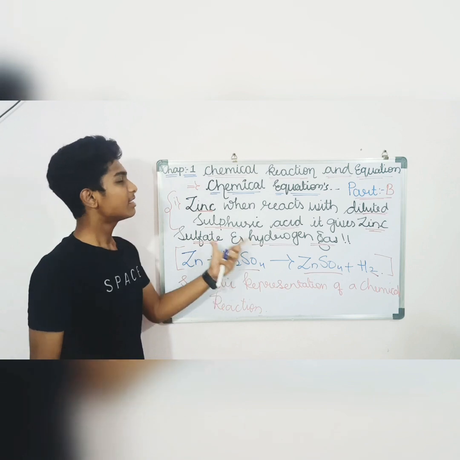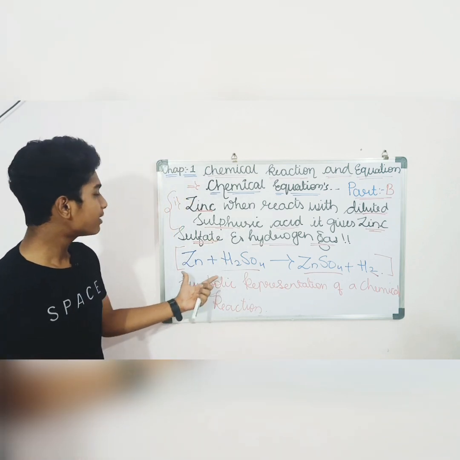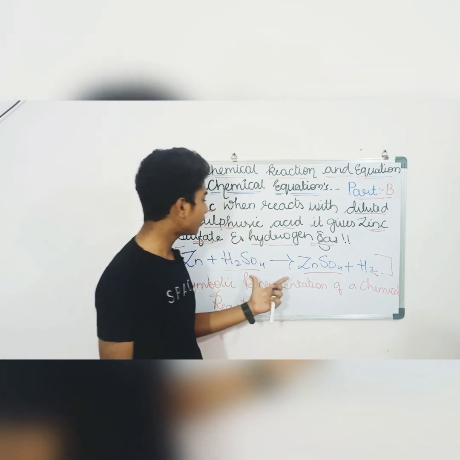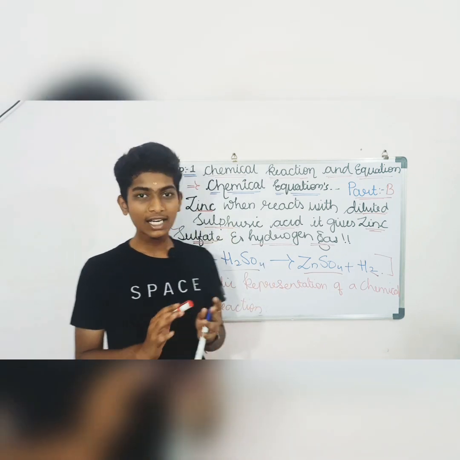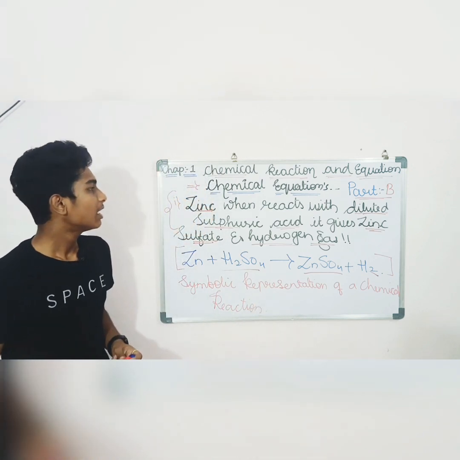So when any chemical reaction is written in the form of its symbols or formulas, then this method which we have written is known as a chemical equation. So a chemical equation is nothing but a symbolic representation of a chemical reaction.